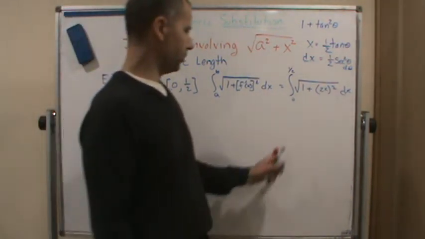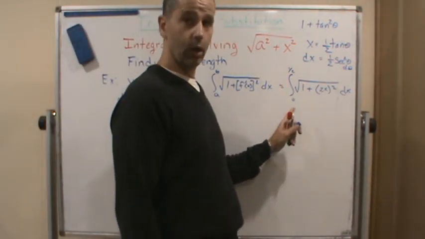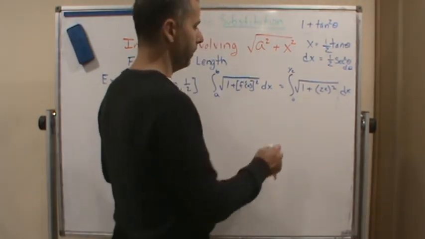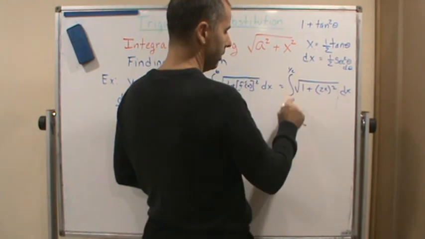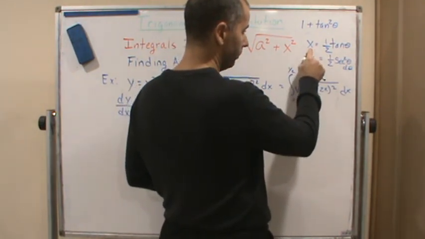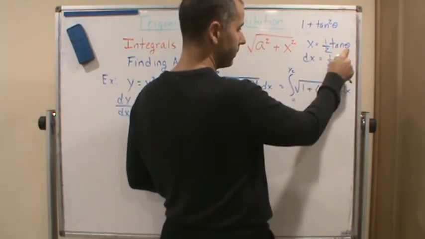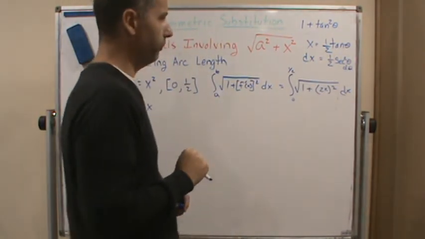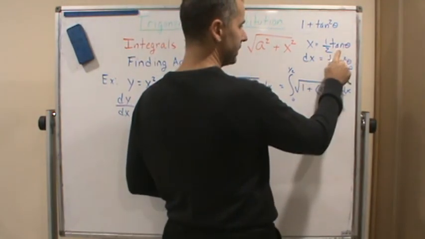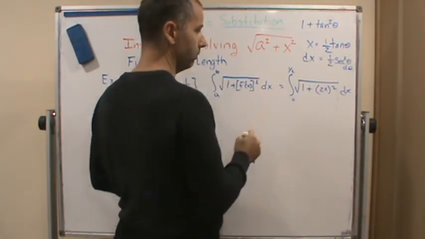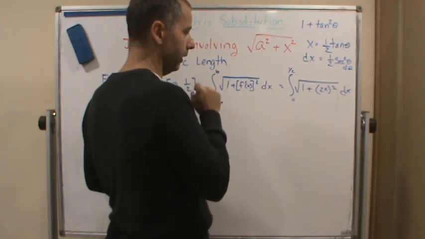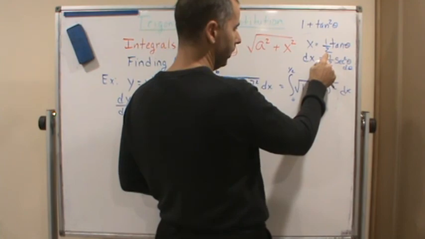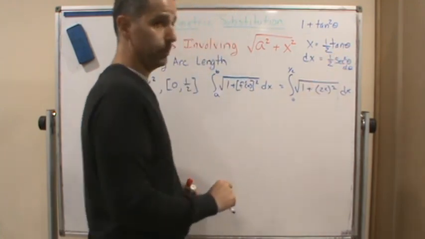And now, because we're dealing with a definite integral, we're going to have to also change the limits of integration. So now, when x is 0, what does theta have to be in order to get x equal to 0? Well, 0, because the tangent of 0 is 0. So that's going to stay the same. Now, to get a half here, well, there's a half, so that means tangent theta would have to be 1.